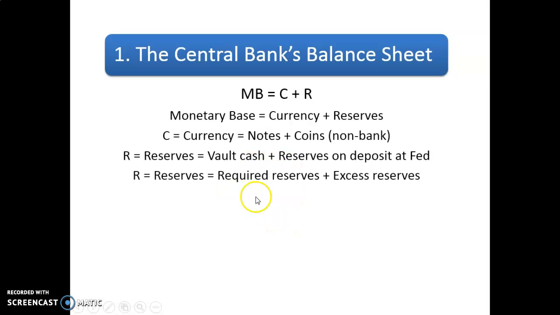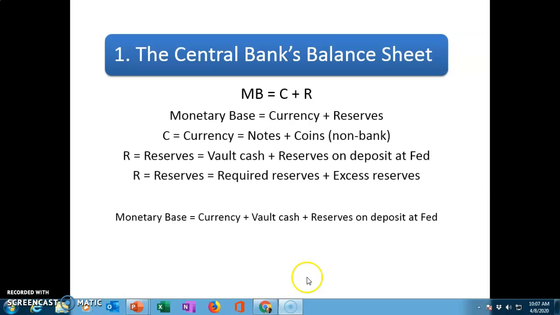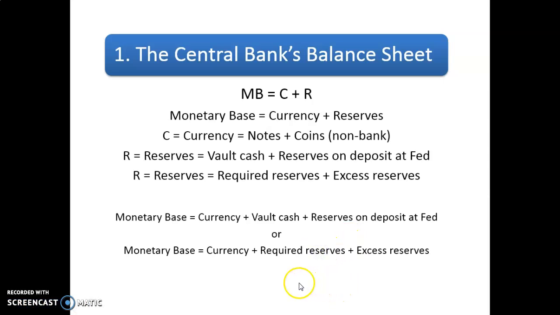And then reserves, we've talked about this before: required reserves, a federal requirement, and excess reserves. So we could say that the monetary base equals currency plus vault cash plus reserves on deposit at the Fed. Or we could say monetary base equals currency plus required reserves plus excess reserves.